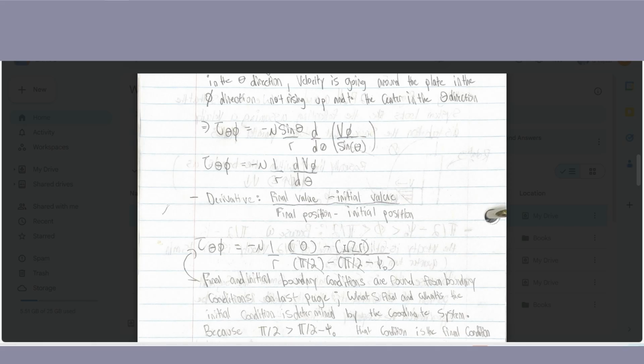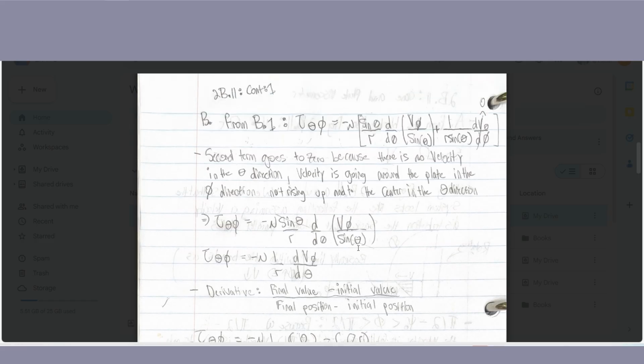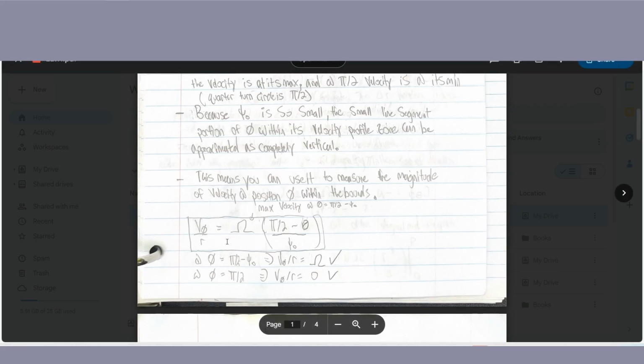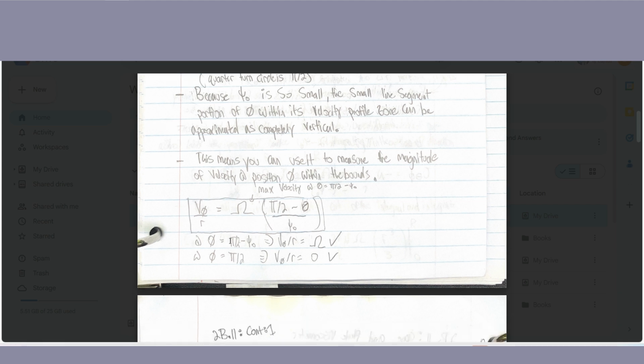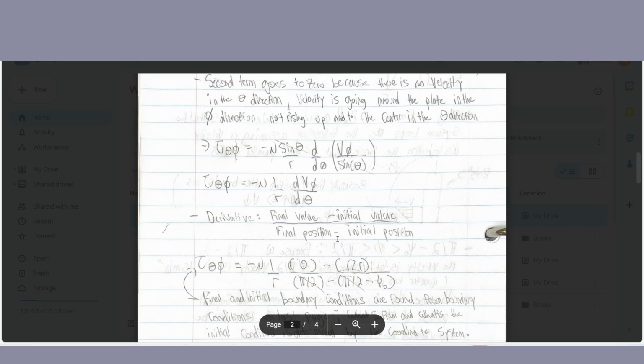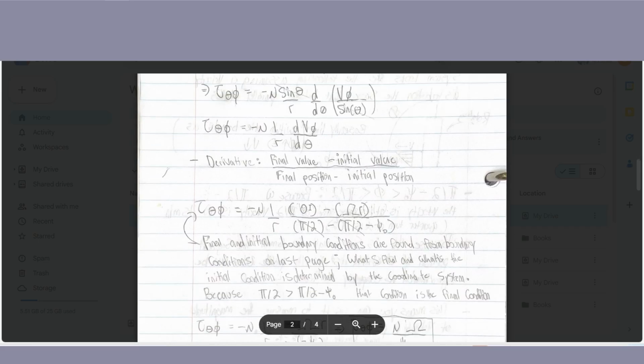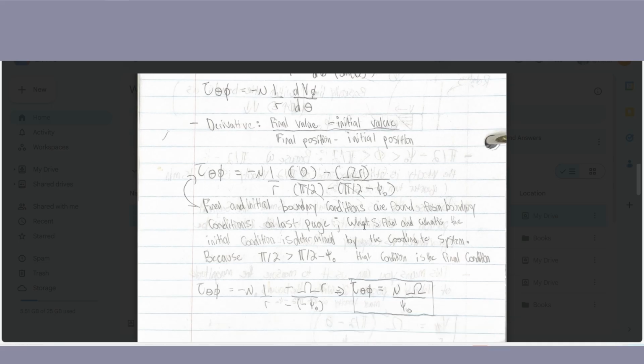And again, this is sigma r because this equation is v phi divided by r, so if you isolate v phi, it's just sigma times r. So that's why it's sigma times r and not just sigma. And pi over 2, that's a final value, minus pi over 2 minus trident. That's the initial value. And we're canceling terms.